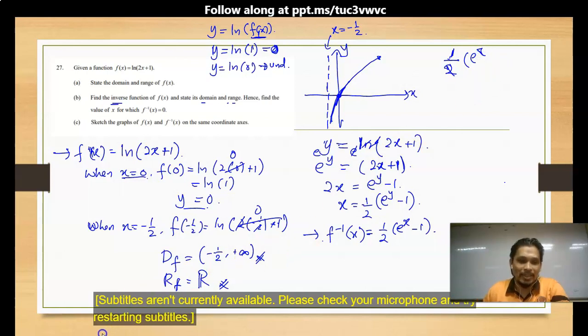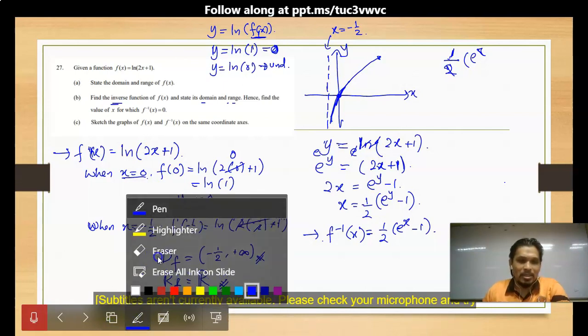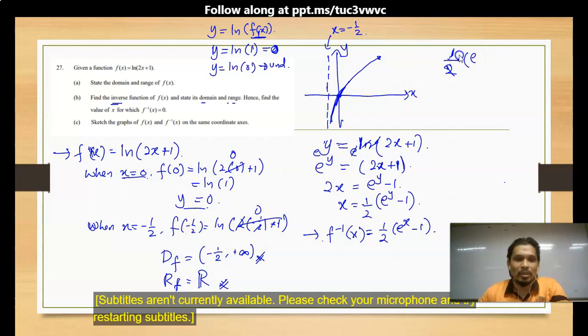Sorry. If I can't complete the discussion of this, I will let all of you try by yourself, only questions B and C, to the end of this session.